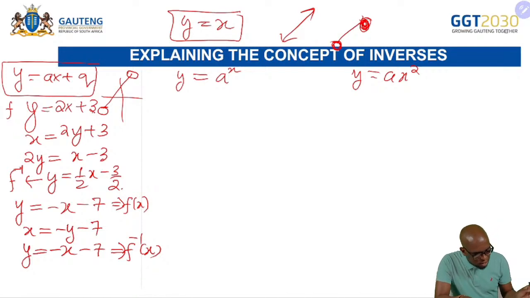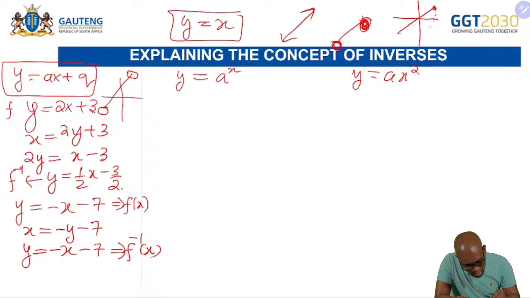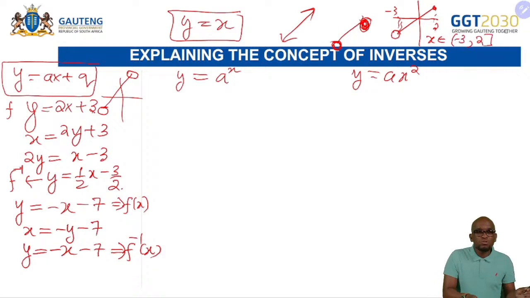Sometimes you can be given a linear function like this, where this point here terminates. This is 2, and this point here is minus 3. It also terminates. So if you check, the domain of this is not minus infinity to infinity. The domain now becomes x, an element of what? Minus 3 to 2. So you need to know how to work with those terminating functions.